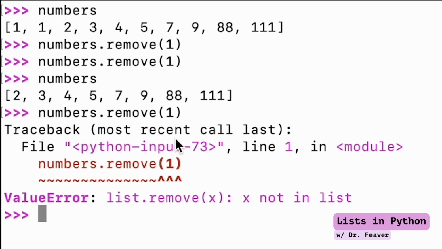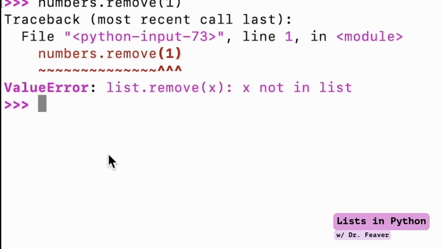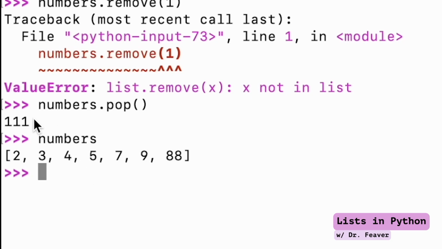Now, if I try to remove 1 again, it gives me an error because the number 1 is not in the list, so it can't find anything to remove. You can only use this when the value you're looking for is actually in the list. There's also the pop function. So if I do numbers.pop, you can see that it returned a value for me. It gave me the value that was at the end of the list. So it actually took the value off the end of the list.